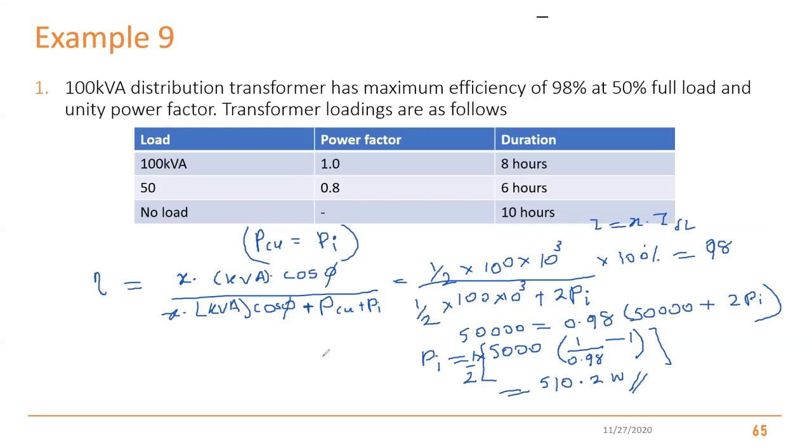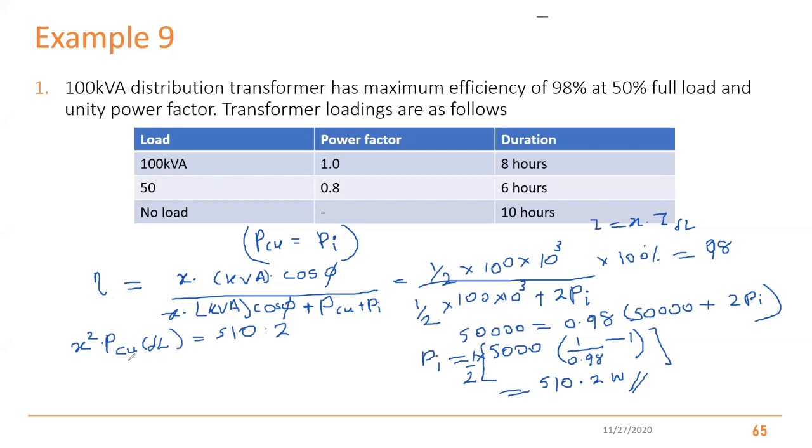That is the iron loss. So the half full load copper loss, which means x squared times P copper full load, is this much.